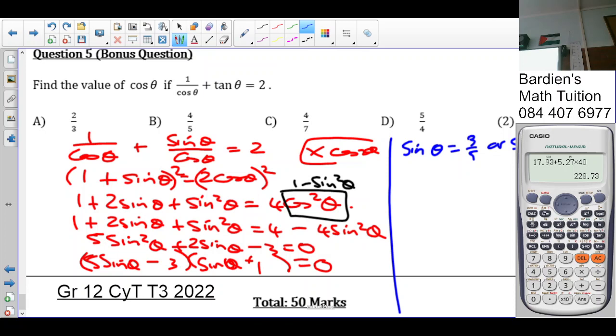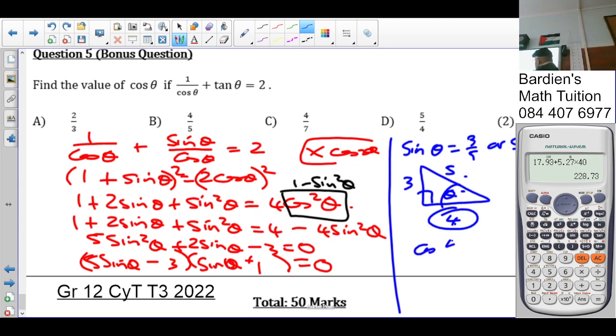So they want cos. So what happens is we draw a triangle here. Sine is opposite over hypotenuse, apply Pythagoras and I get 4 there. So what is cos? Adjacent over hypotenuse. So cos theta is 4 over 5, which makes the answer B. How do you get 8?